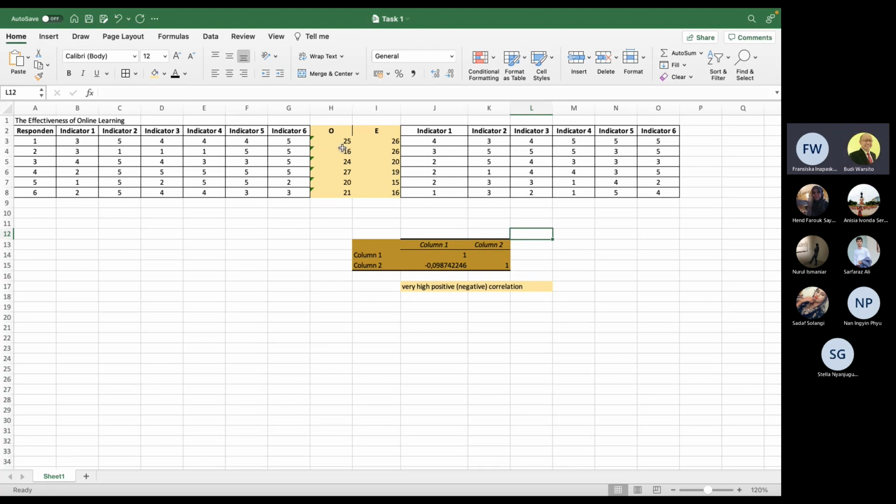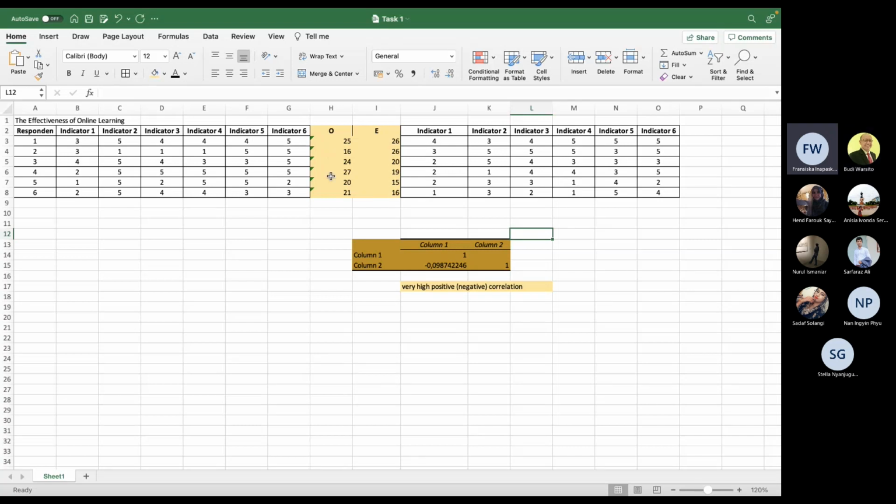For the second variable on the right side, it is 26, 26, 20, 19, 15, and 16.